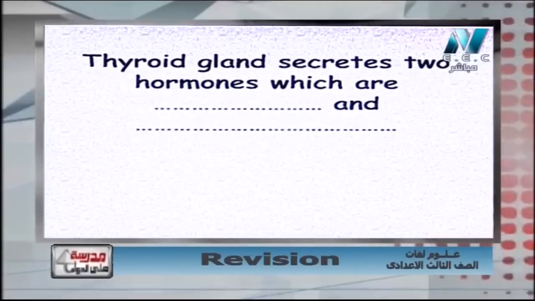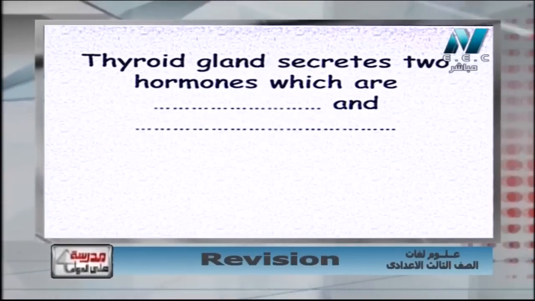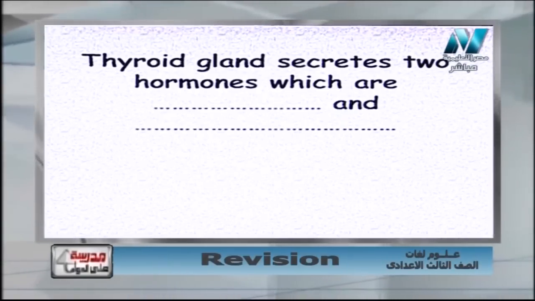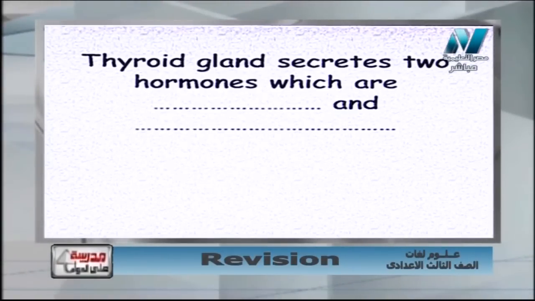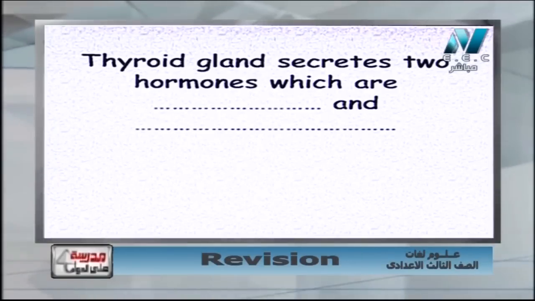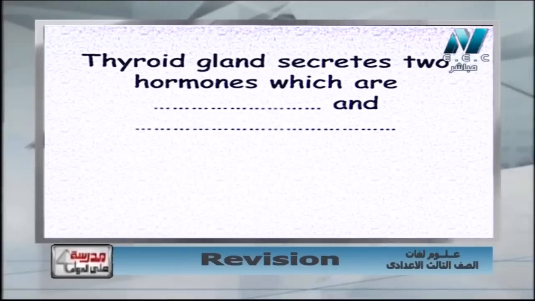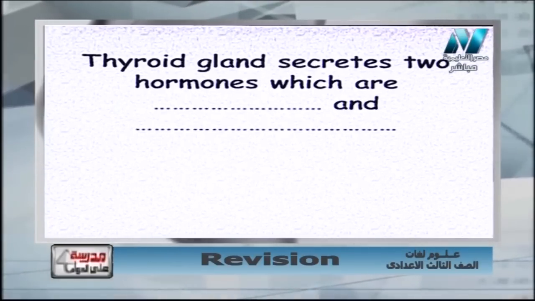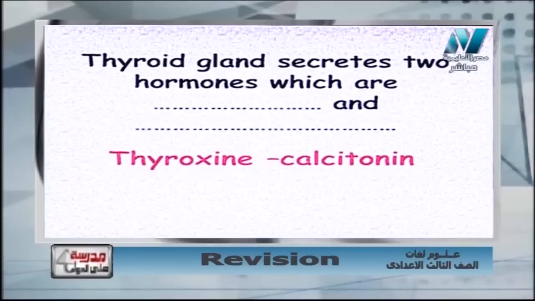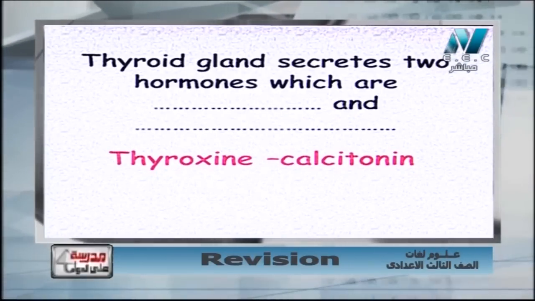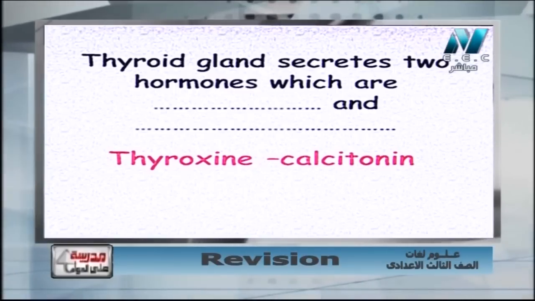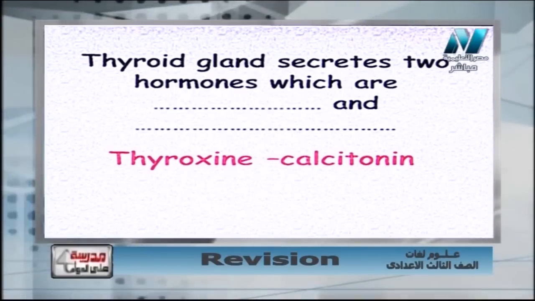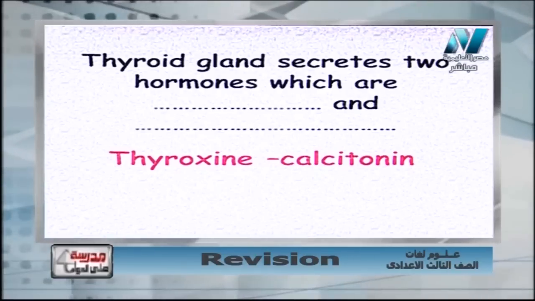Another question says: the thyroid gland secretes two hormones which are point and point. The thyroid gland, we know very well, is a gland located in front of the trachea in the neck. It has two very important hormones. The first hormone is called thyroxine, and the other is calcitonin, a hormone that controls calcium and phosphorus.